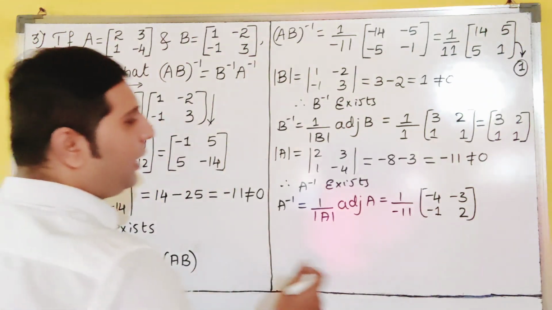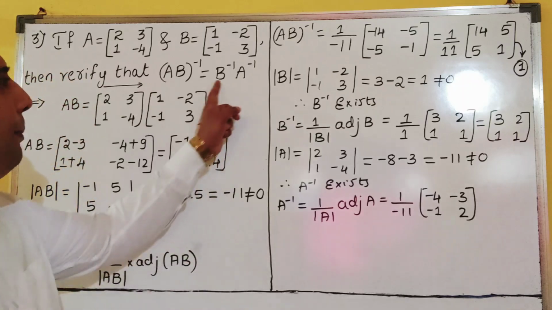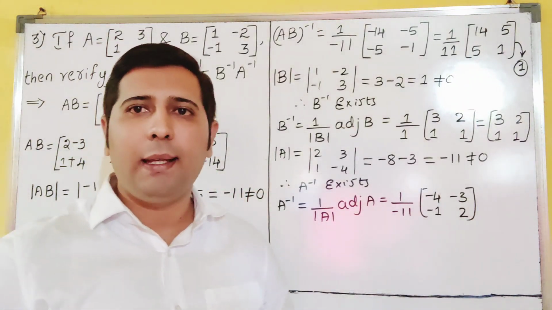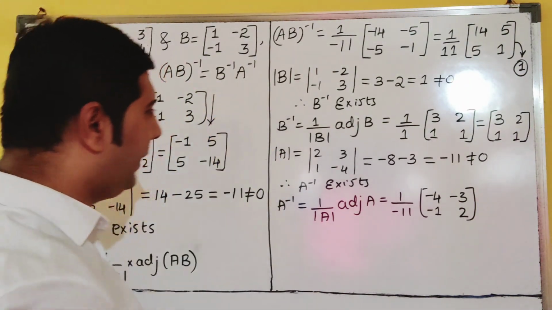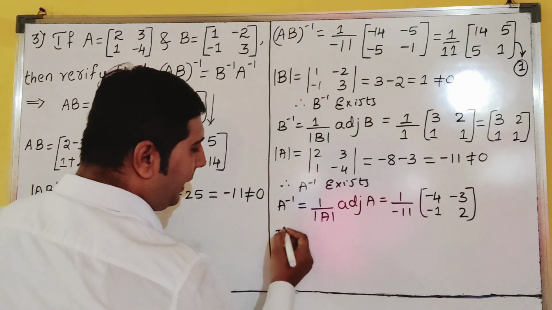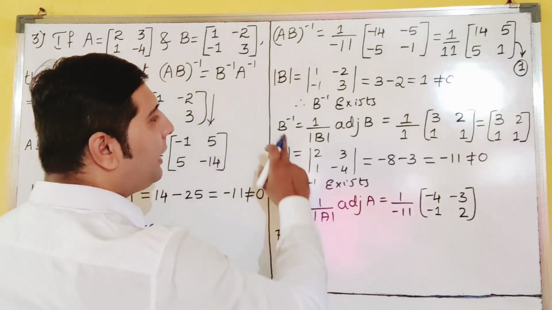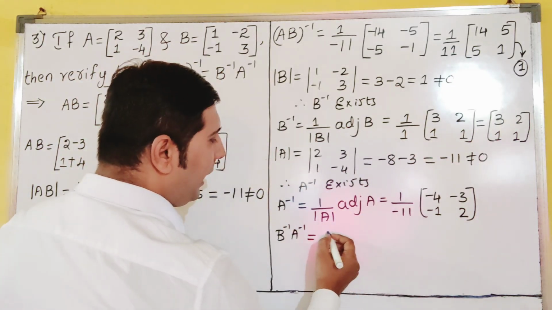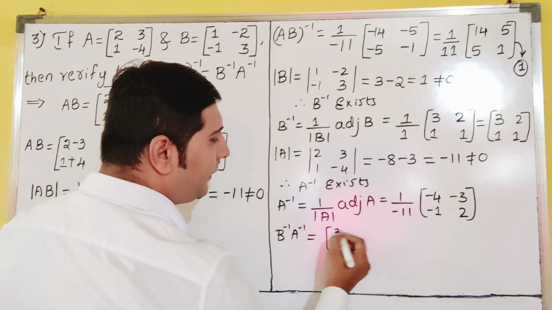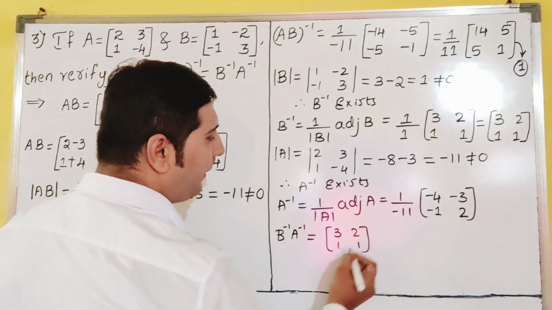Done. Now I have to find what? A inverse we got. So B inverse into A inverse I have to multiply. B inverse is [3 2; 1 1].